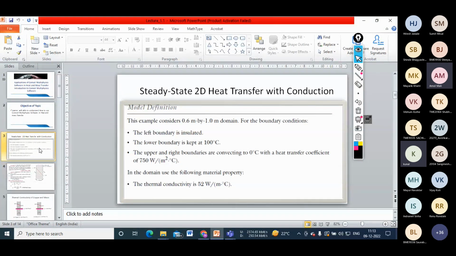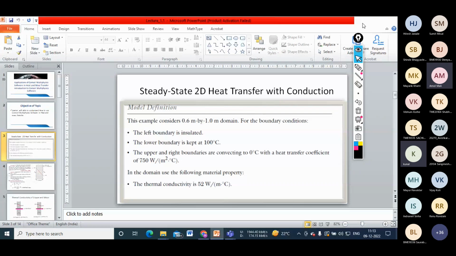I think all of you have learned the heat and mass transfer subject. In heat and mass transfer, if you have solved some conduction related problem, that also you can simulate by using the COMSOL Multiphysics software. For example, this is the first problem we will solve, steady state 2D heat transfer with conduction.